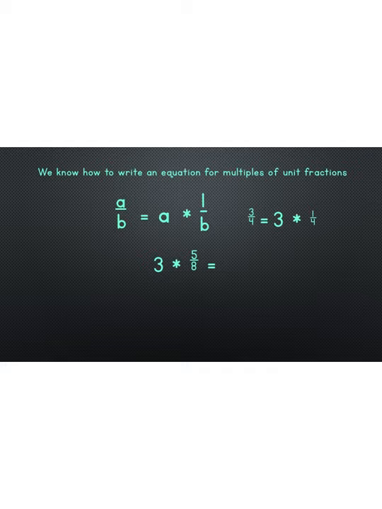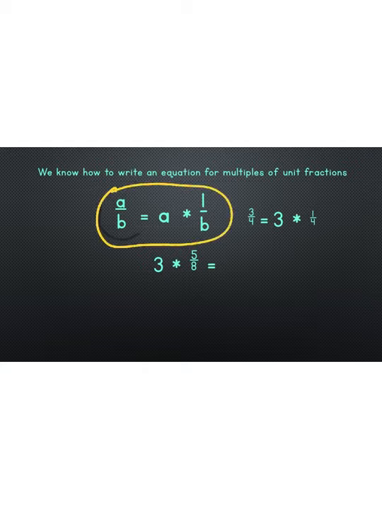So basically what I've got here is a rule for writing multiplication equations for fractions. So we already know how to write multiplication equations for unit fractions because this is what we did yesterday, okay? So look here. Let me switch the color here so you can see it.